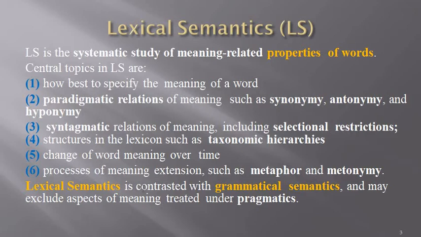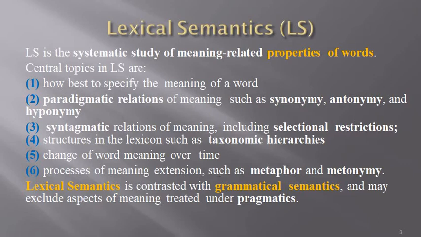So lexical semantics is contrasted with grammatical semantics too, and may exclude aspects of meaning treated under pragmatics. Basically these are all the points discussed under lexical semantics. It is contrasted with grammatical semantics because in lexical semantics the words walk, walking, and walks all fall into the same category.